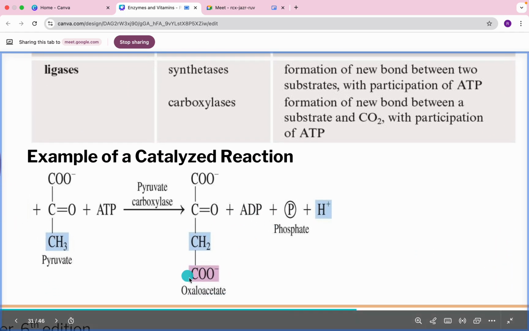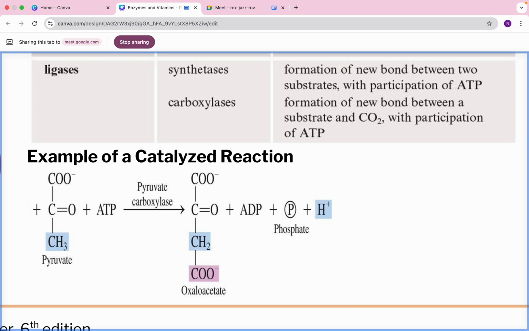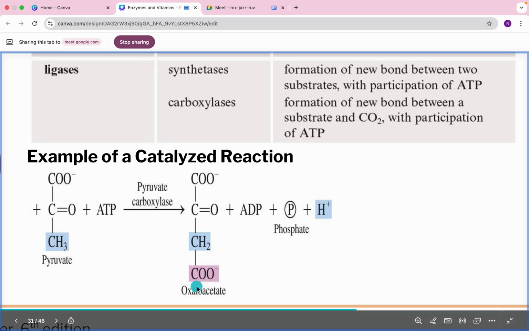As you can see here, there are biochemical reactions, especially those involving ligases, wherein from three carbon atoms it can form a compound with four carbon atoms, in this case oxaloacetate.